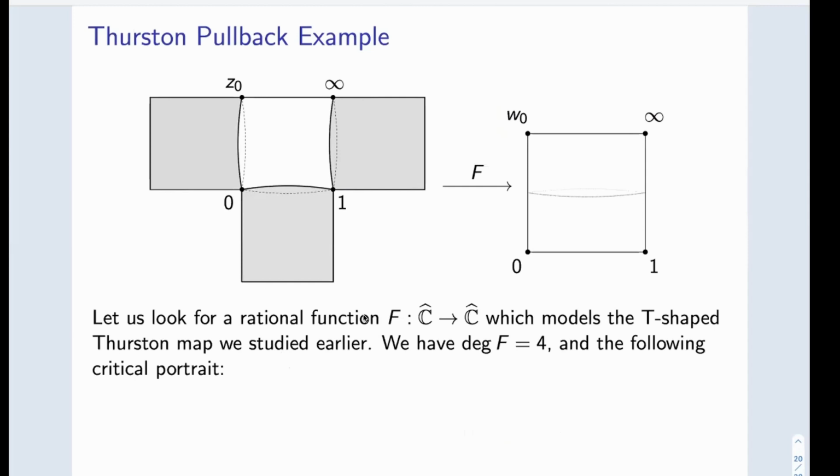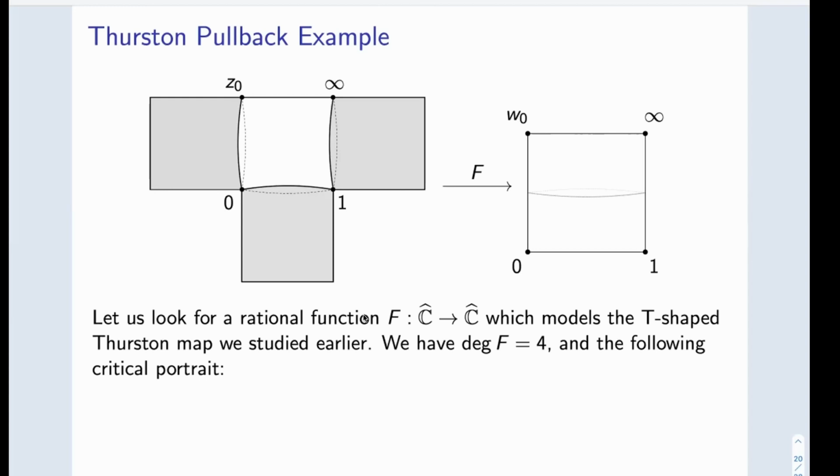So with that in hand, let's return to our example before, this T-shaped map. And let's go ahead and normalize the positions of our postcritical points, right? So we're going to have 0, 1, infinity as 3 of them. And let's try and find a rational map that models the behavior of the map as I've written it down.